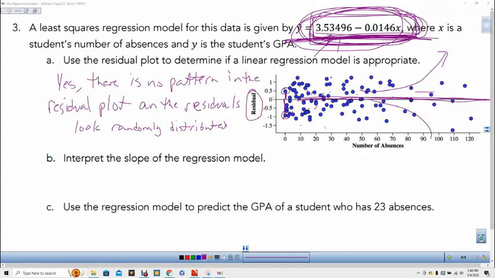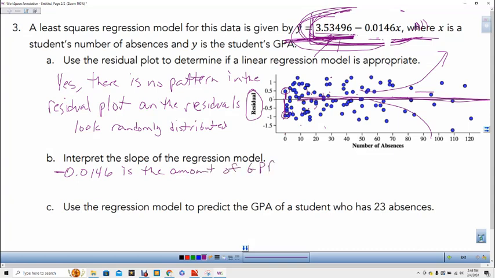All right, interpret the slope of the regression model, okay? So the slope is negative 0.0146. So negative 0.0146 is the amount of GPA value lost per absence.